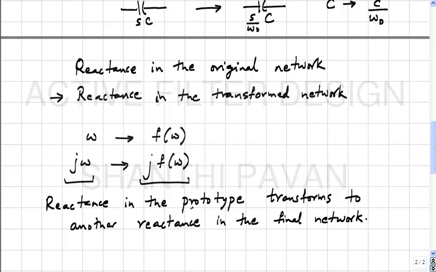In other words, it doesn't make sense to have a low sensitivity prototype and then have a transformation that screws things up and the transformed network has high sensitivity. You understand? What he's asking is, why do you assume that this function f of omega is a real function? Why can't you have a complex function, as long as this is satisfied on the real axis? Okay, all right.